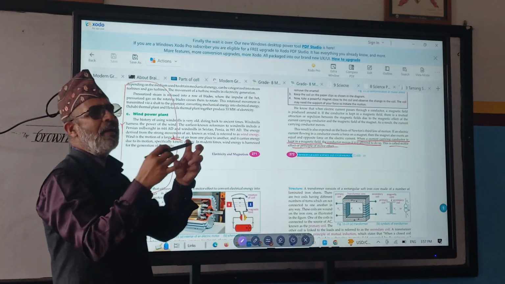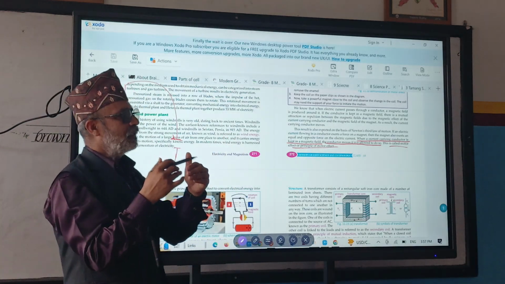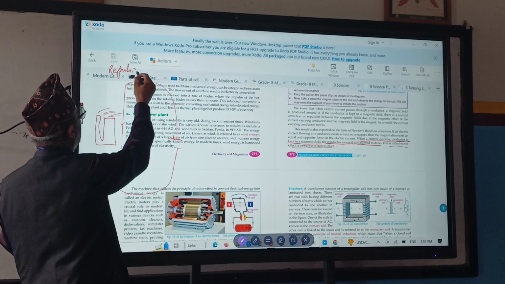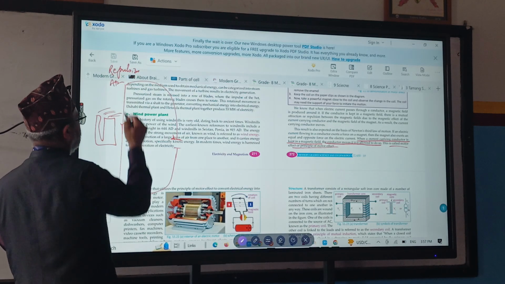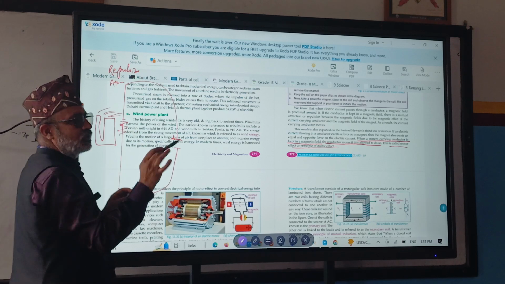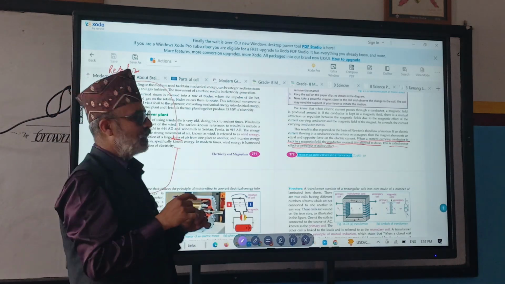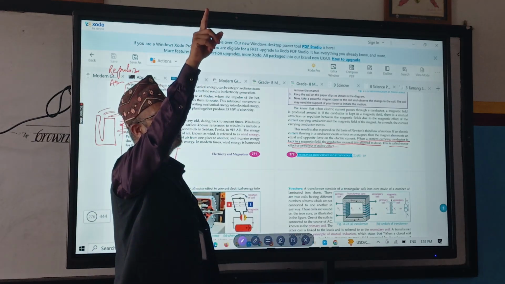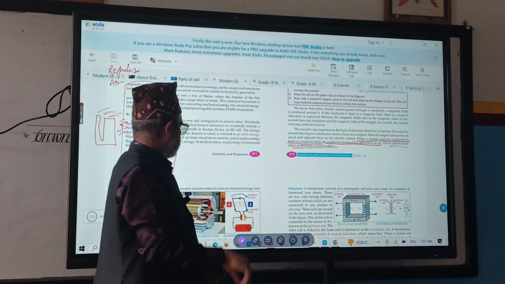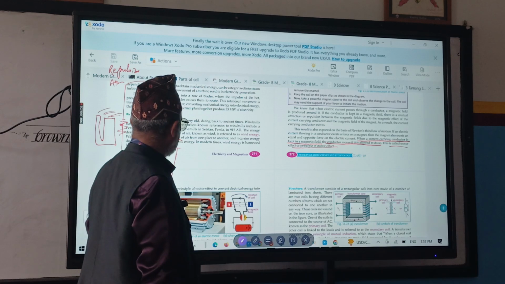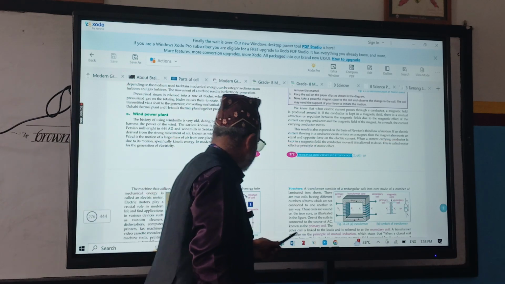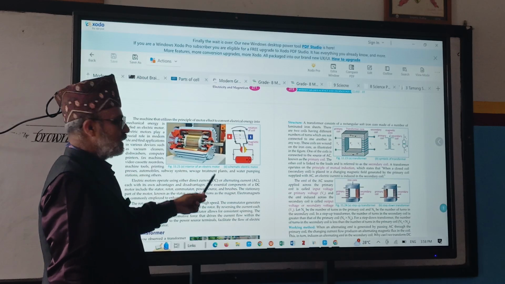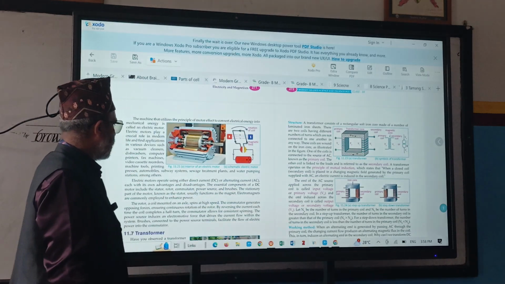If so, when two magnets are brought together, there may be either repulsion or attraction. Yes or no? As a result, this conductor vibrates. That effect is called motor effect. So that is also working because of vibration of that conductor. So, mainly how many types of electric motors are there? Two types. What are they? One is DC motor, another is AC motor.